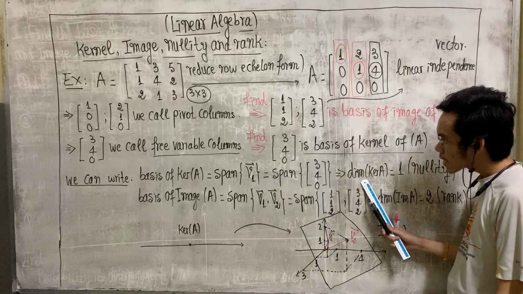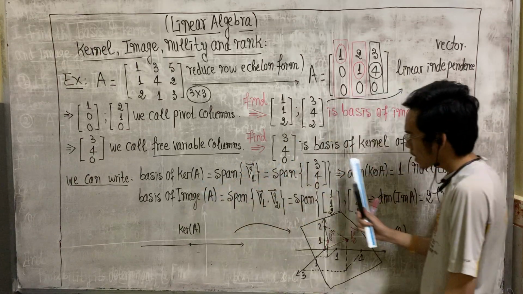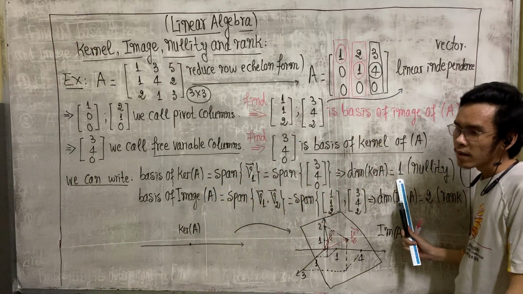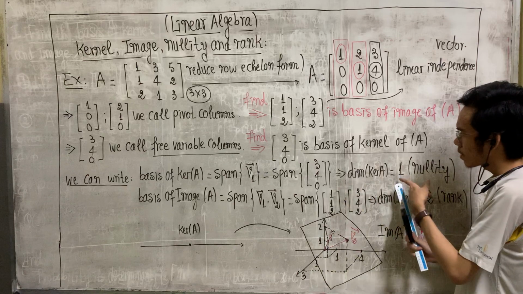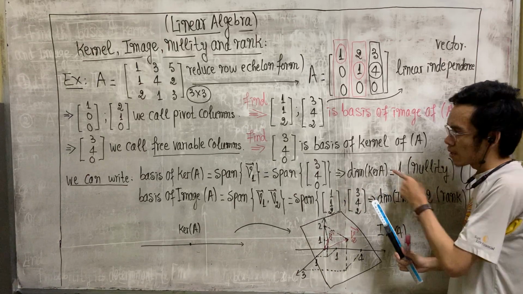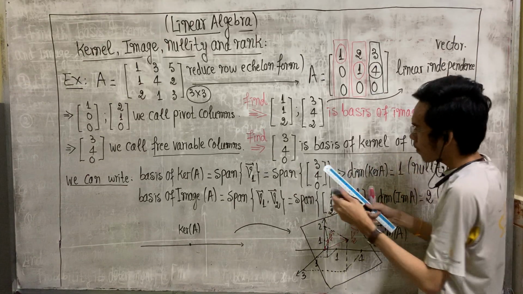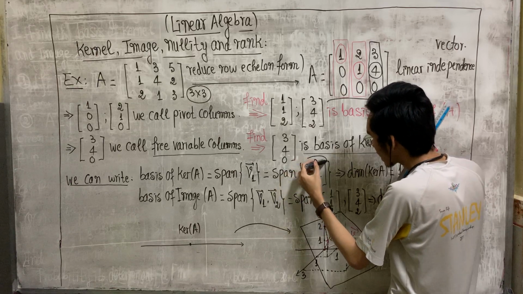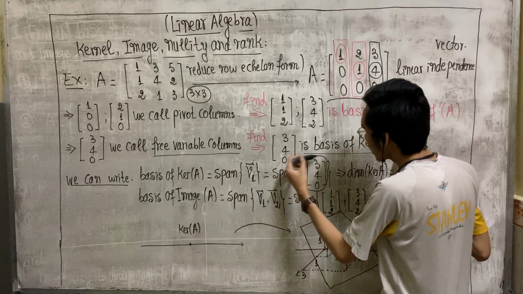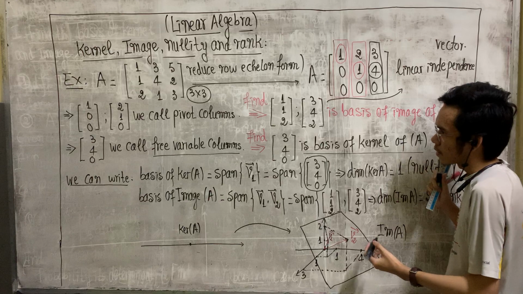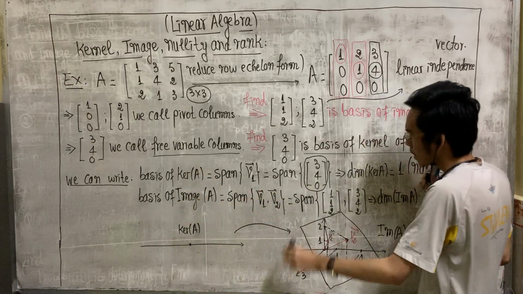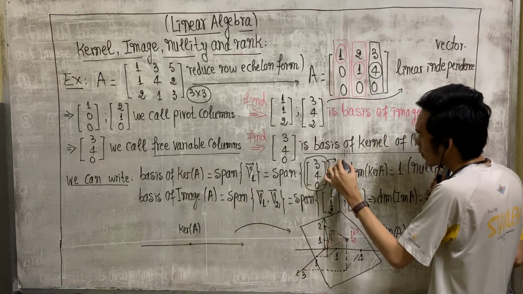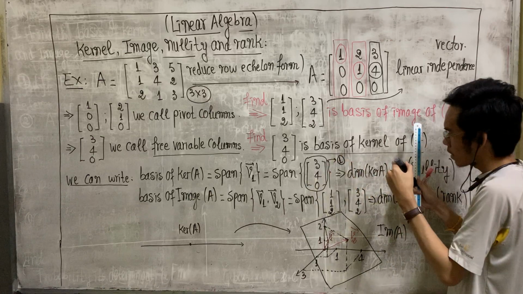So the dimension of the kernel of the matrix A is equal to 1. What does 1 mean? It means that we have only one vector that spans the kernel.